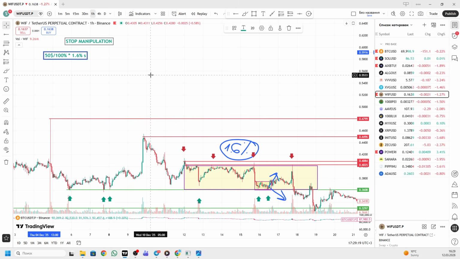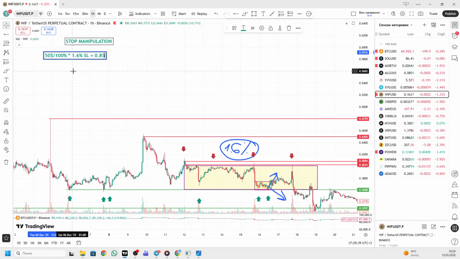This is our stop loss. And how much do we have? We still have $0.8, right?